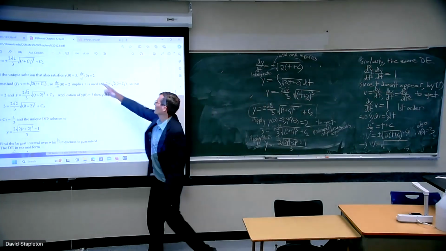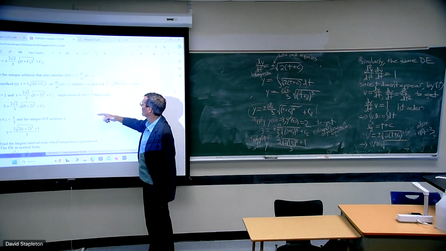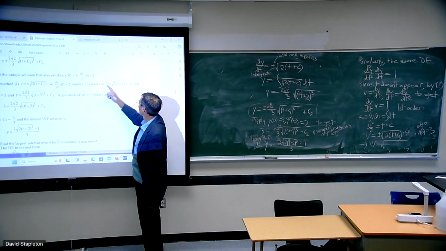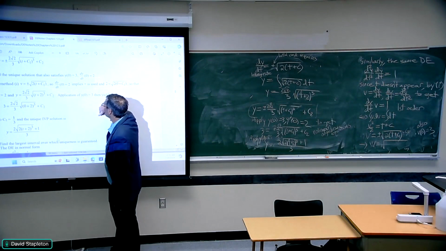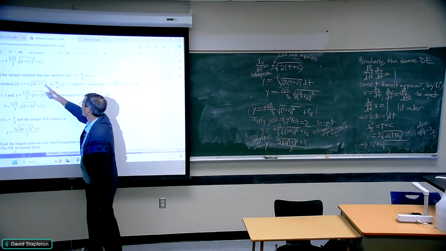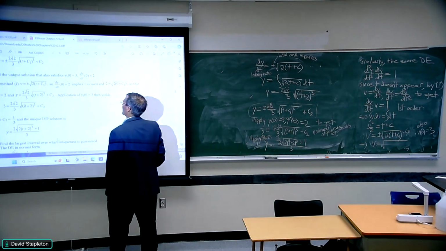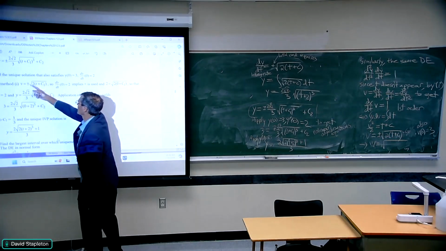Oh, it equals 2. v of 0 equals 2. Says that 2 equals this, so 2 equals this, says that c equals 2, yeah. Two times 2, square root is 2, yeah.